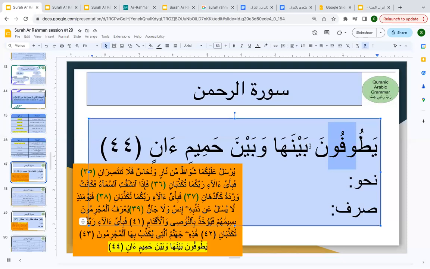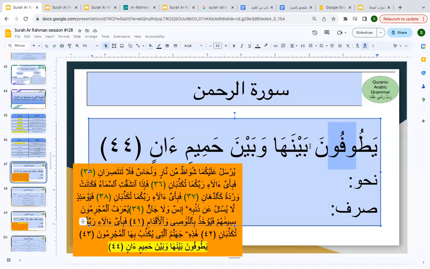Both ways, but the thing is, this jumla has a status. Now think about it. Who is going to do this job? Who is going to be circumambulating? The jumla is fi mahalli nasb. I agree, but Aisha, why is it nasb status? Why am I going to label this jumla fi'liya as fi mahalli nasb?